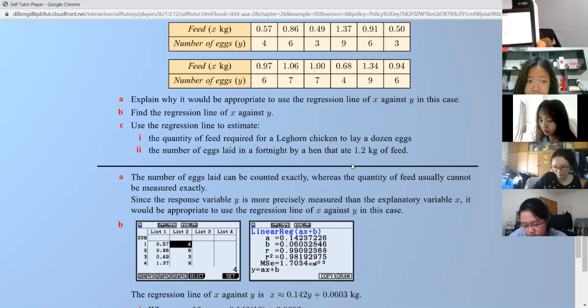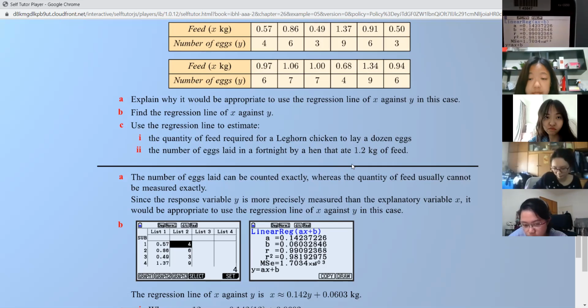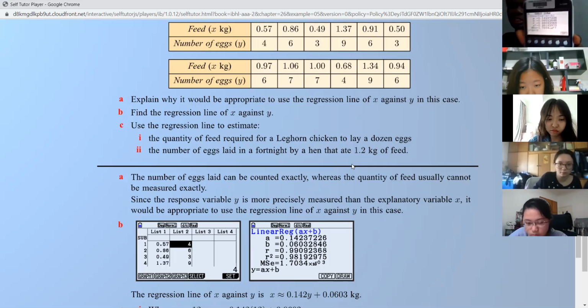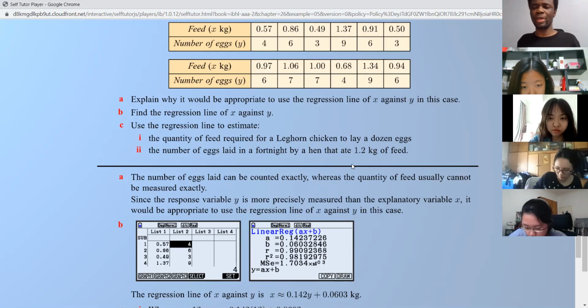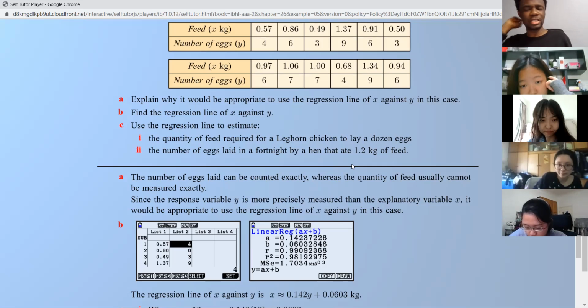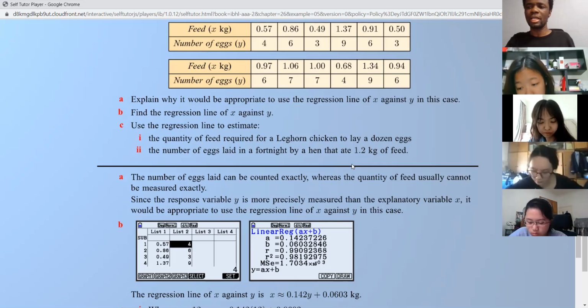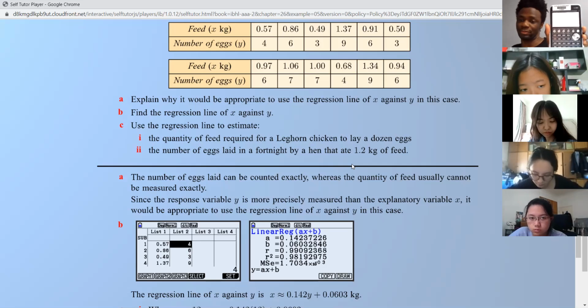Do you have the same number as in the book? The only thing you change if you are dealing with X against Y is to enter the data the way it is and just change list 2 to list 1, list 1 to list 2, that's all. There's a past question, or maybe in one of the worksheets I gave you, asking for Y against X and X against Y, so you don't have to enter this twice.